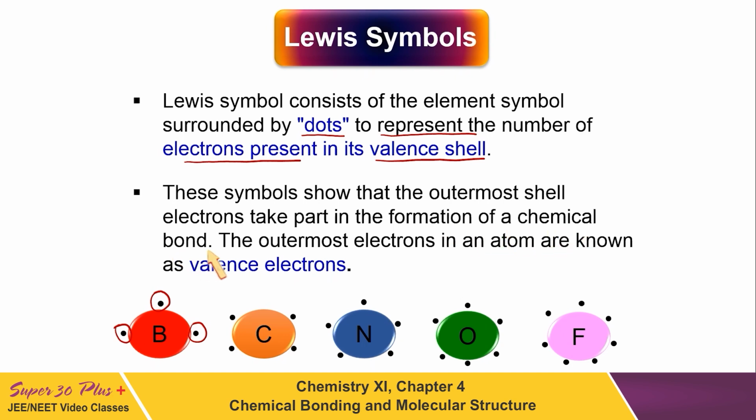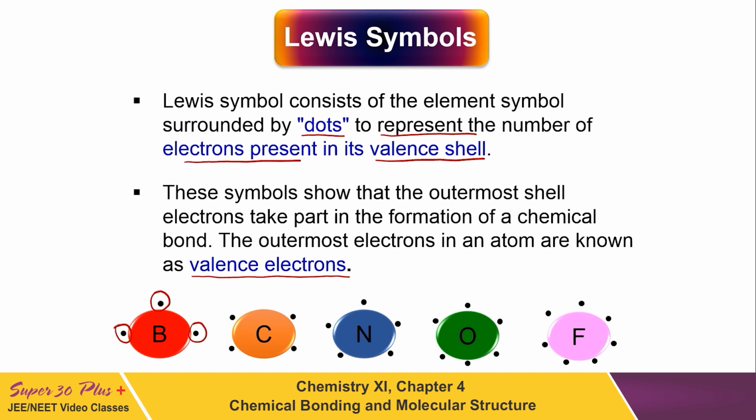So now we can say that inner electrons in the covalent bond never participate in the formation of a chemical bond. If they do not participate, then who does? So basically, the outermost electrons in an atom, which are also known as the valence electrons, do.